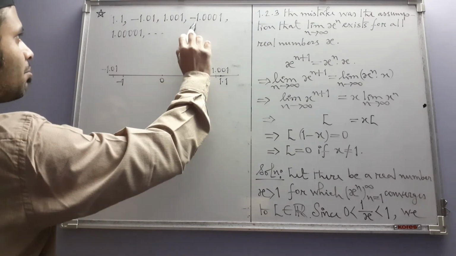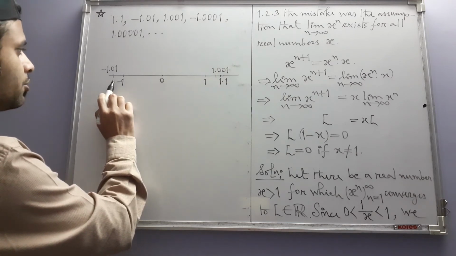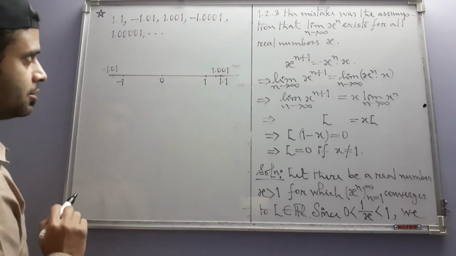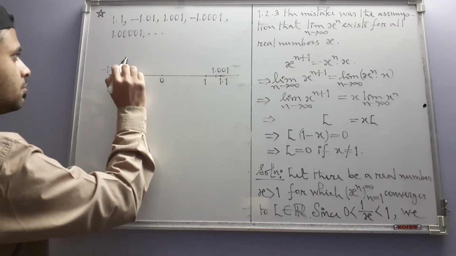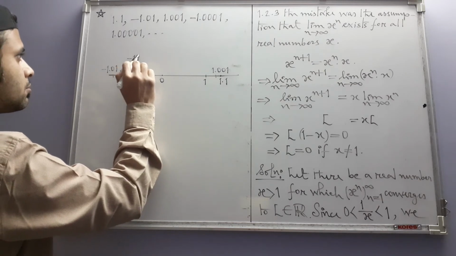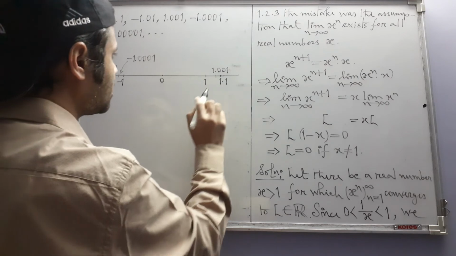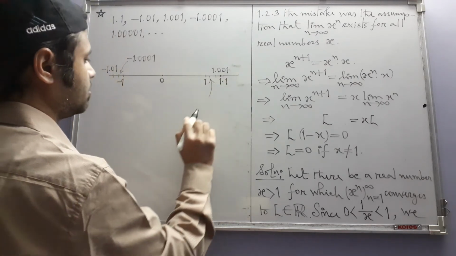Then you have minus 1.0001. So that is more negative than minus 1, but less negative than minus 1.01. And then this one will be even closer to 1.